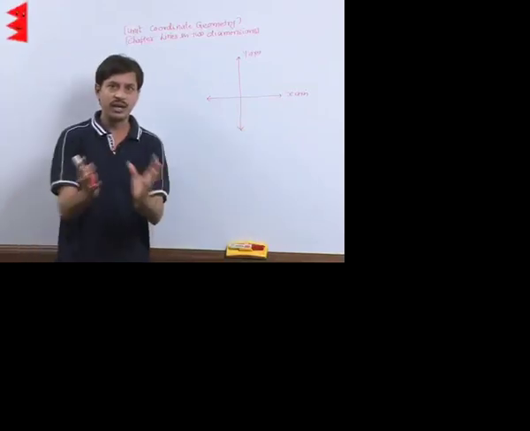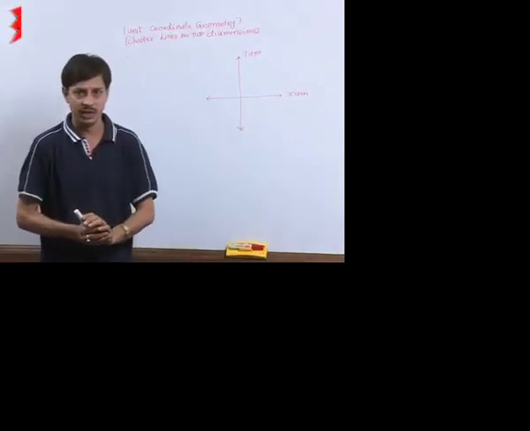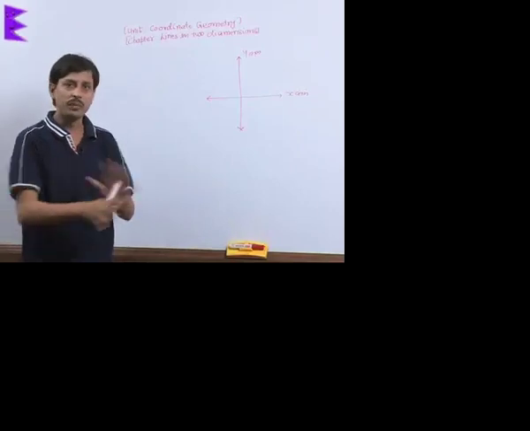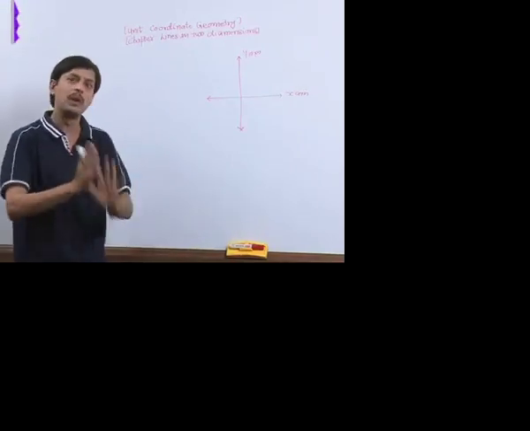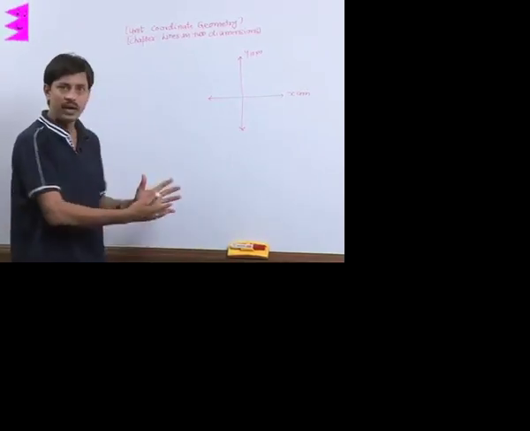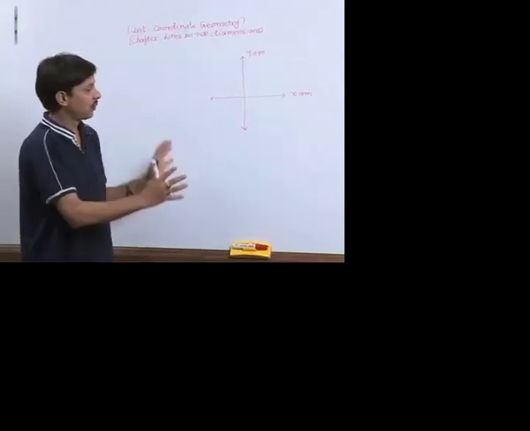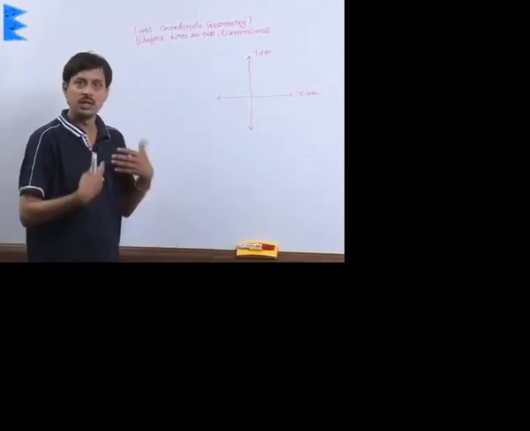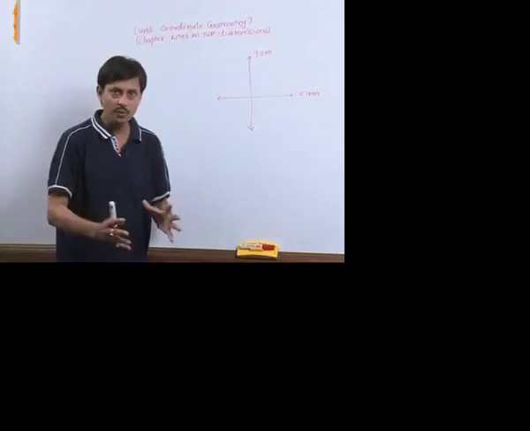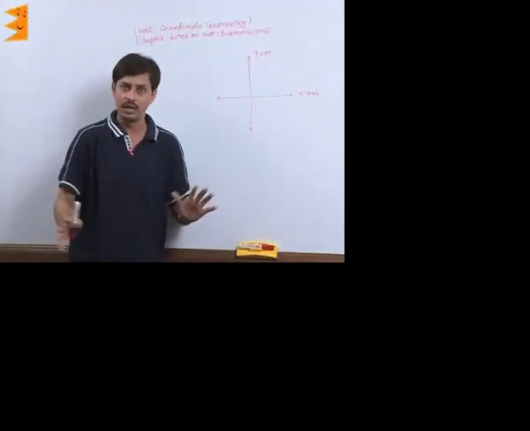So to understand the concept of coordinate geometry, first of all we must understand what a plane surface is. The surface on which you write, the surface which you use, the surface on which you move, that is known as a plane.